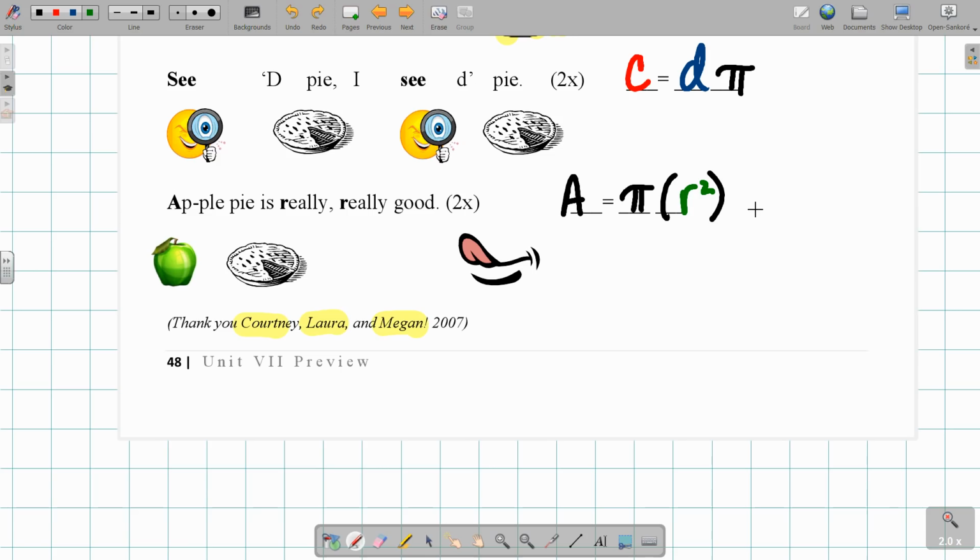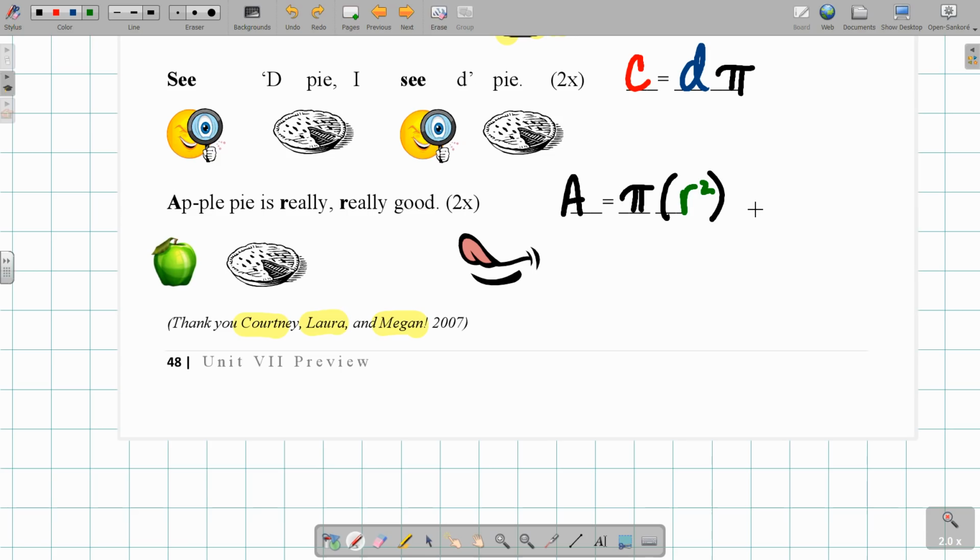C d pi, I c d pi. D pi, I c d pi. Apple pie is really, really good.